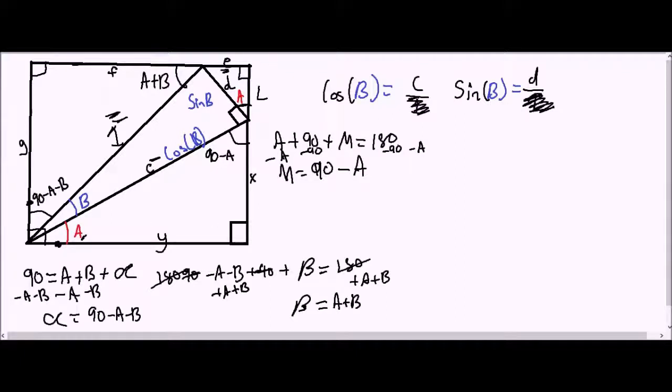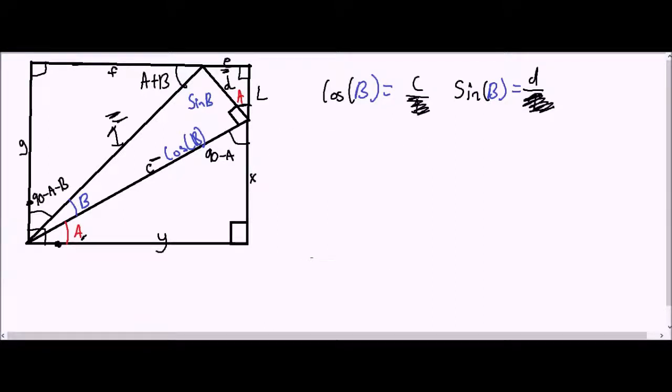I'm going to take a moment here and clear the board. Okay, now we're back. Now let's solve for these side lengths. Let's first solve for x. So we know, how are we going to get x? X is on the opposite side of A, so I know I'm going to have to use sine of A, is equal to opposite, which is x, divided by hypotenuse.